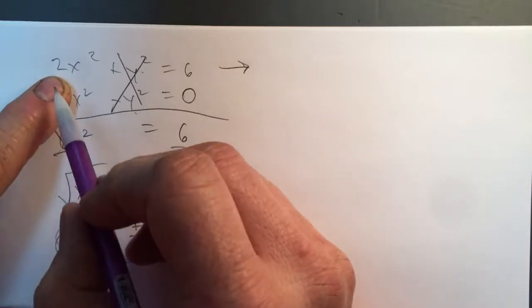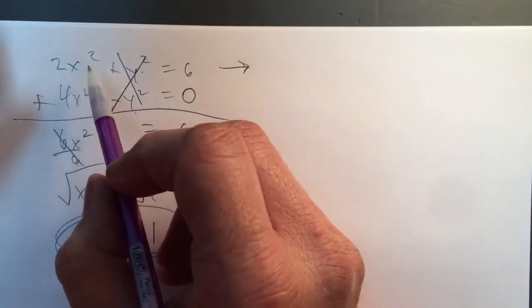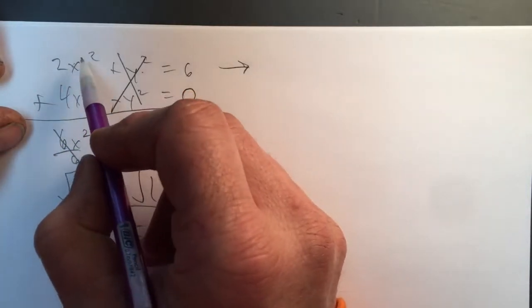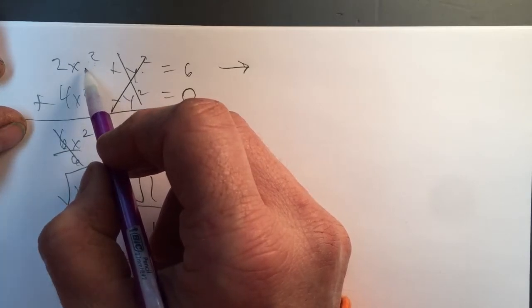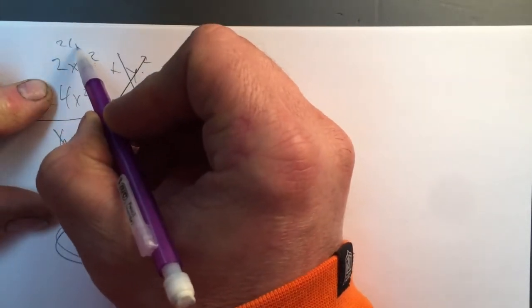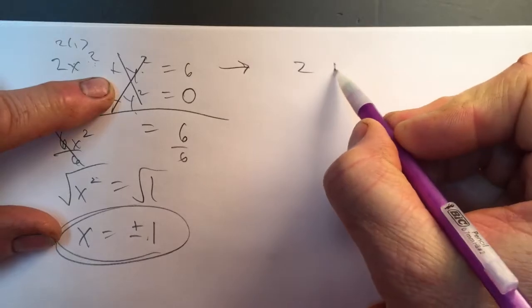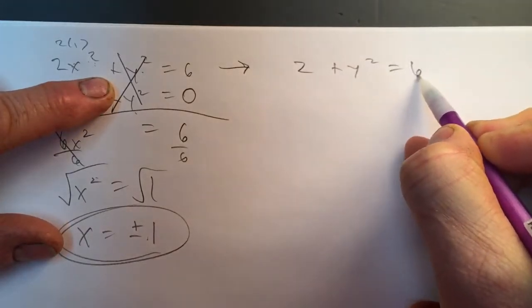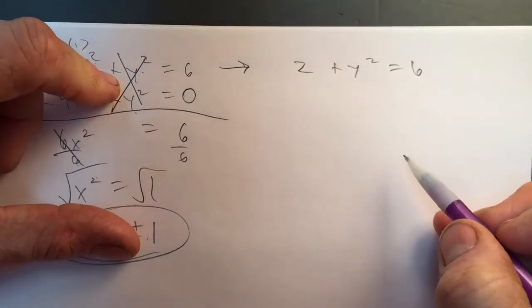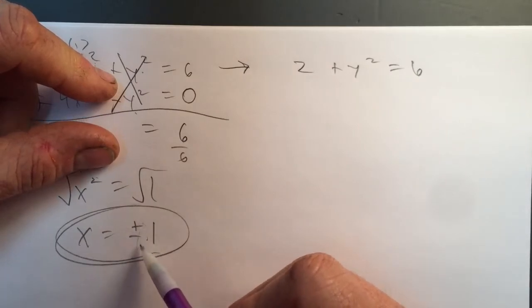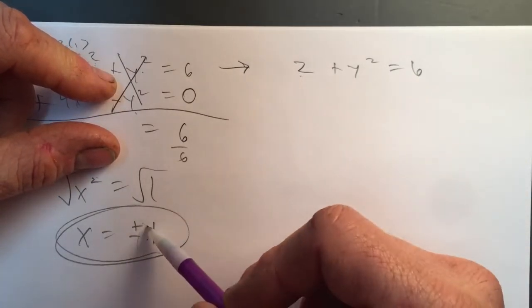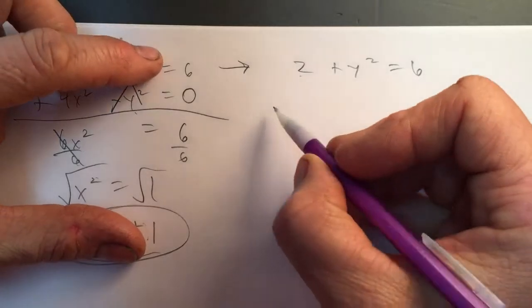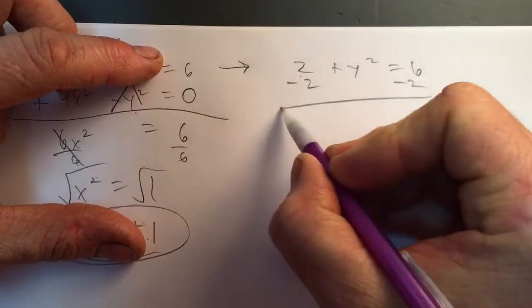Now look here. When I put 1 in, 1 squared would be 1. If I put negative 1 in, negative 1 squared would also be 1. So I'll have 2 times 1 right here, which is 2. Okay. So if I put both of these in, I'm going to have a 2 here, whether it's the positive 1 or the negative 1. So if I solve this, I'll minus 2 on both sides.